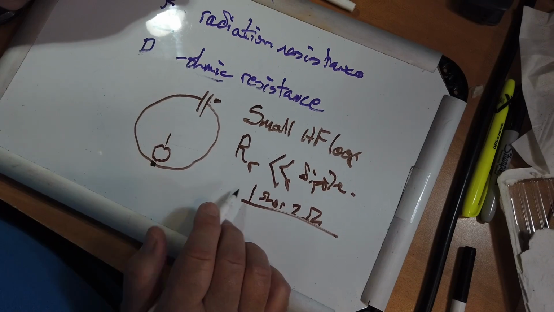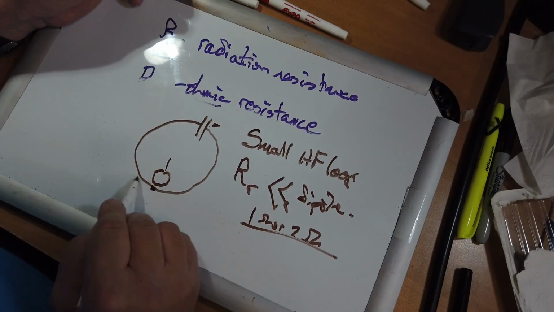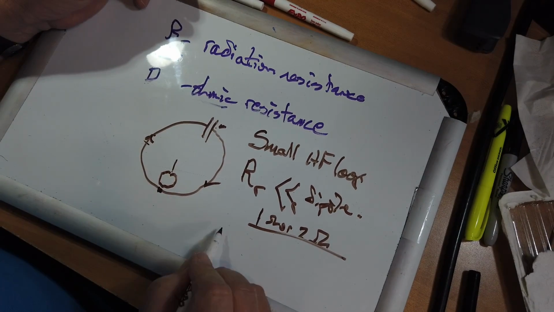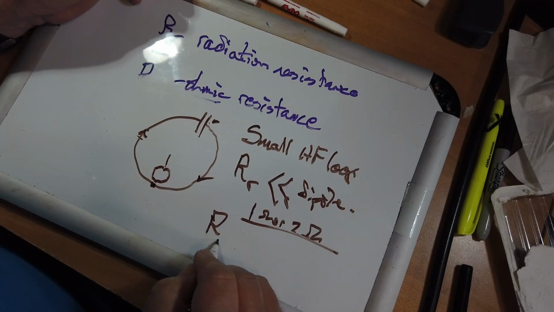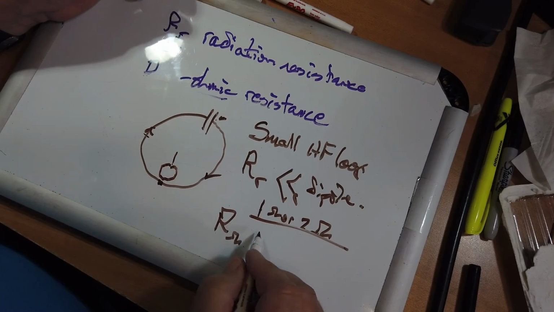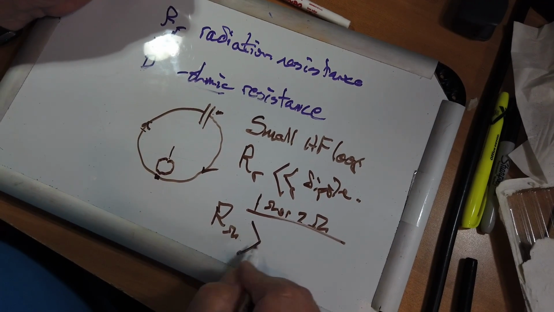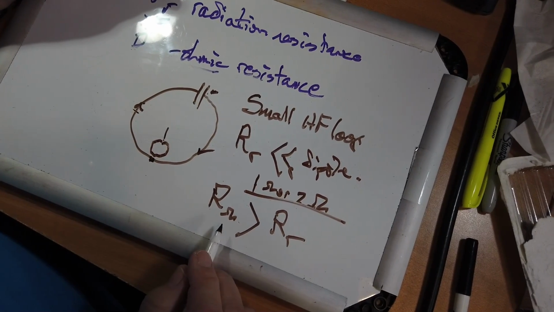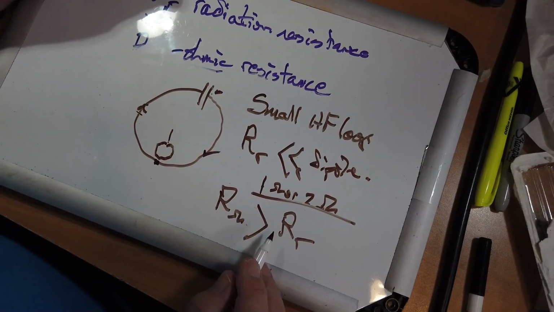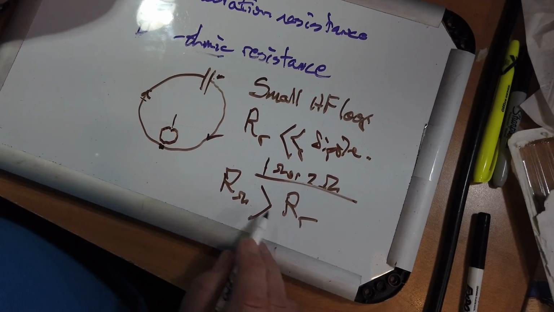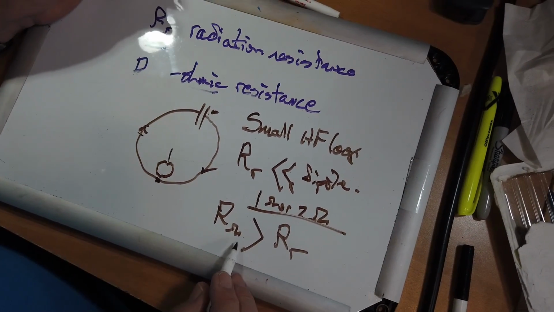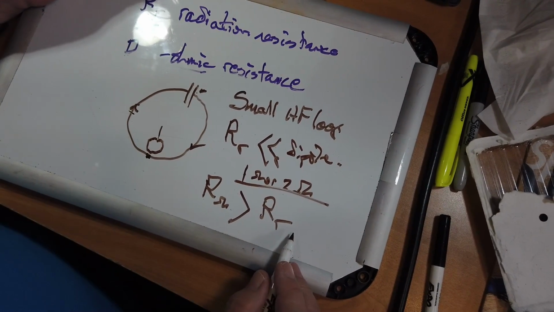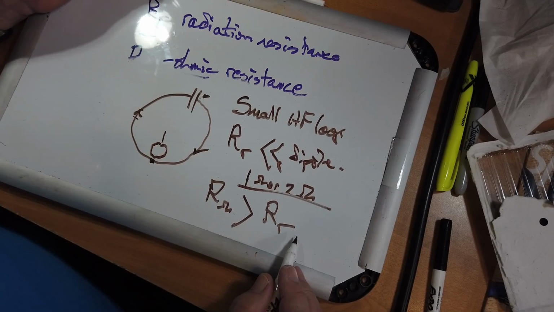So if you have normal ohmic type resistance in here, the R ohmic runs the risk of being larger than the radiation resistance. And when that's true, if these are equal, half of your energy is dissipated as heat, the other half is radiated as electromagnetic waves.